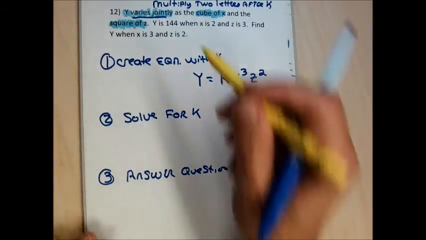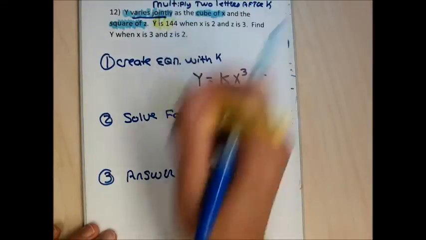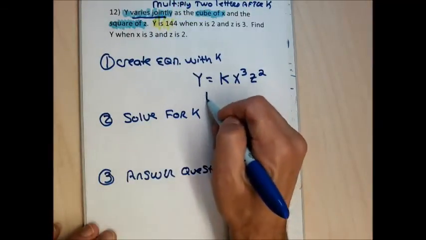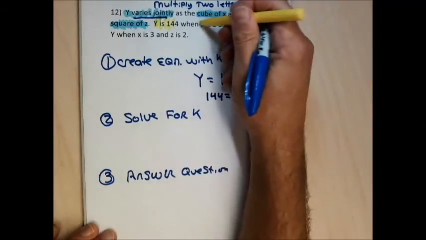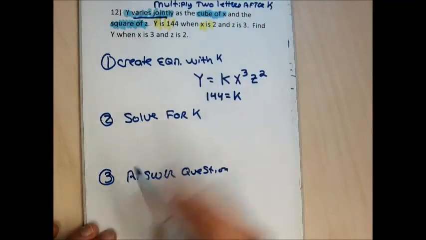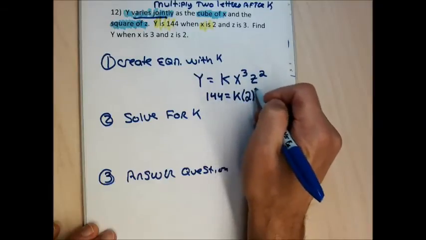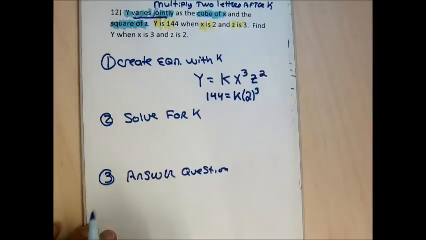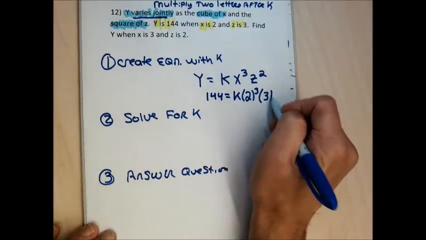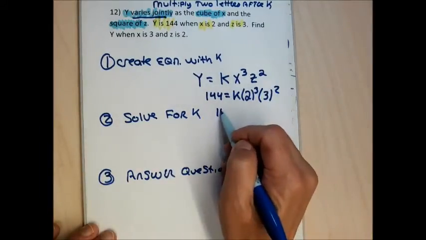Now I'm going to solve for k by plugging in 144 for y. I'm going to plug in 2 for x, and I'm going to plug in 3 for z. And then I'm going to simplify this a little bit.